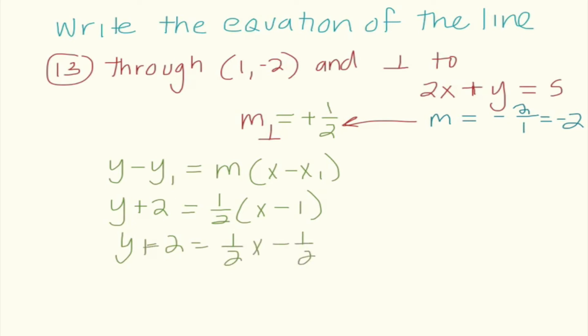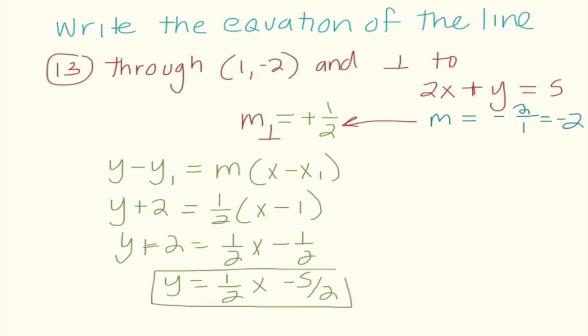When I'm subtracting 2 from both sides, I get y equals 1/2 x. Negative 1/2 minus 2 would be negative 5/2. If you guys had written this in standard form, you would have gotten 2y minus x equals negative 5, or x minus 2y equals positive 5.